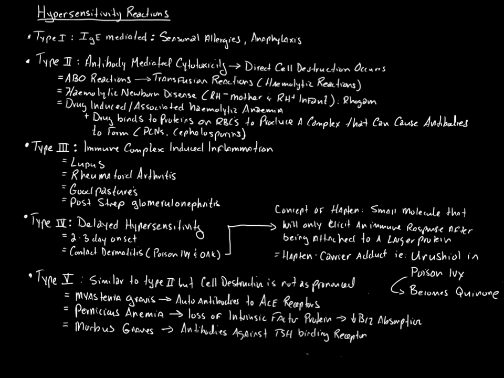So type 1 primarily involves IgE, or immunoglobulin E, and this is where your seasonal allergies and anaphylactic reactions come from.